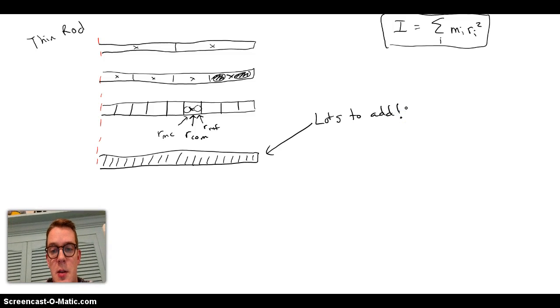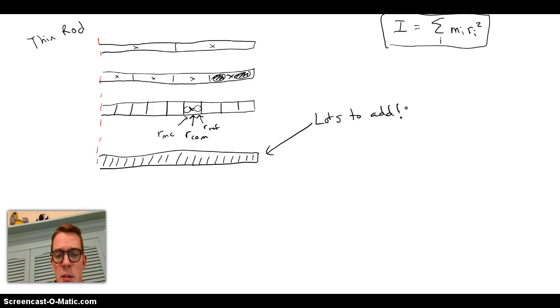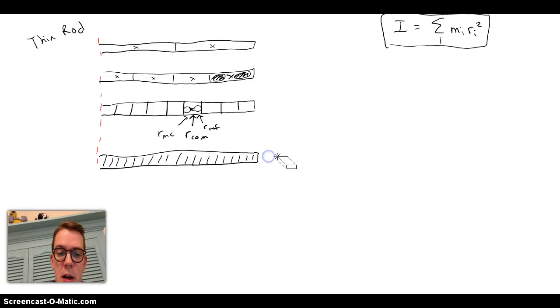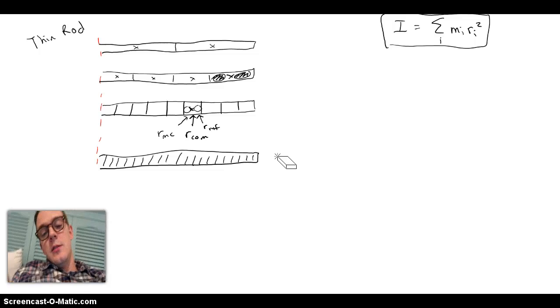So thankfully there's a great method called calculus, and so I'm just going to do a quick little derivation here for how to chunk things up. You've probably done this quite a bit in calc class.